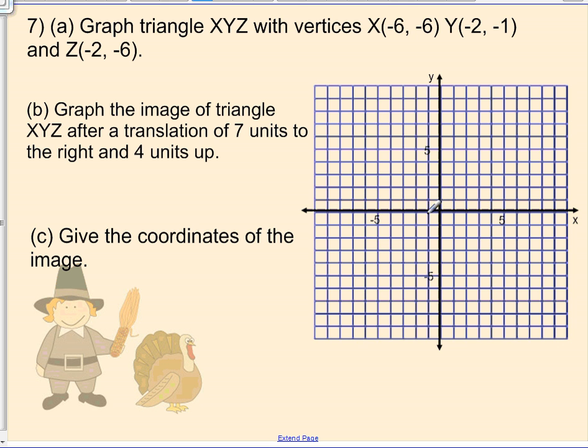So I have -6, -6, so that's X. I have Y, which is -2, -1. All right, and I have Z, which is -2, -6. All right, so right here you would see my triangle.